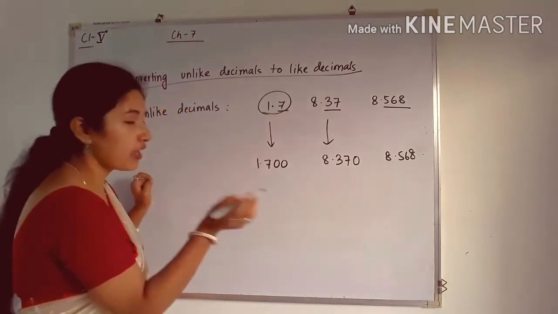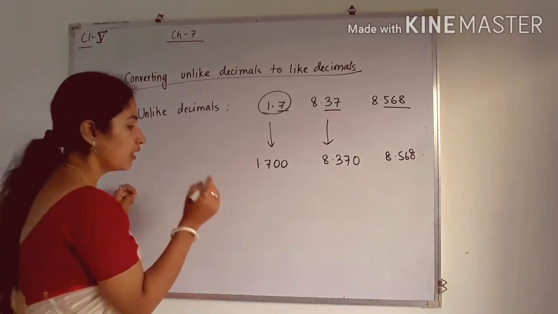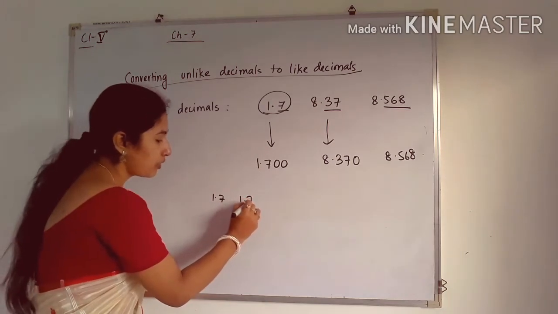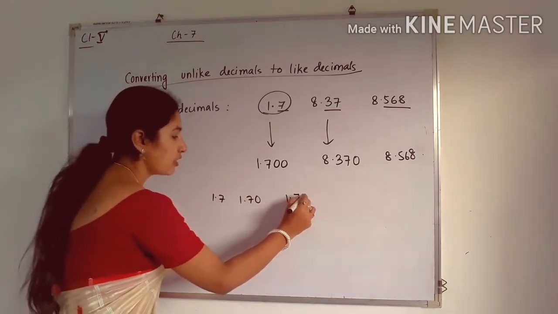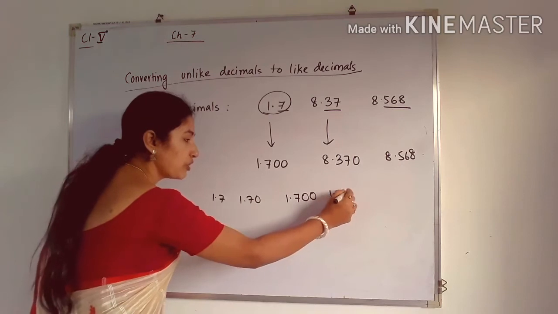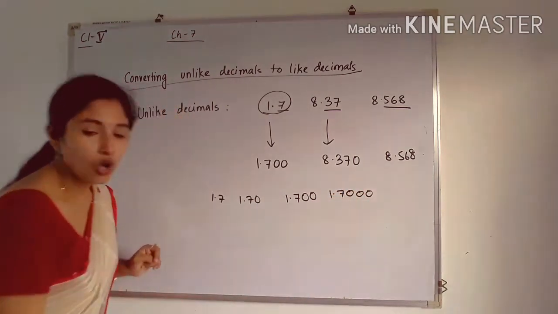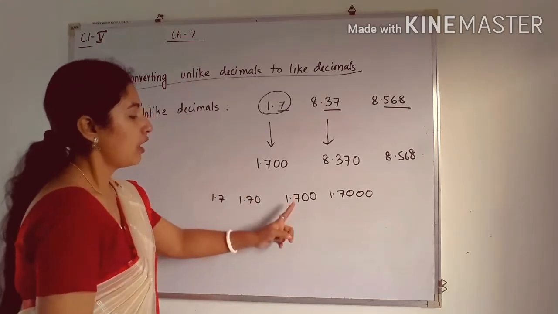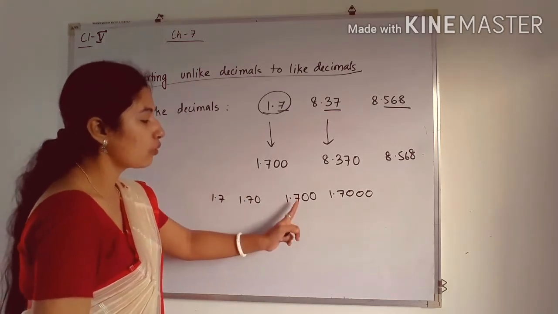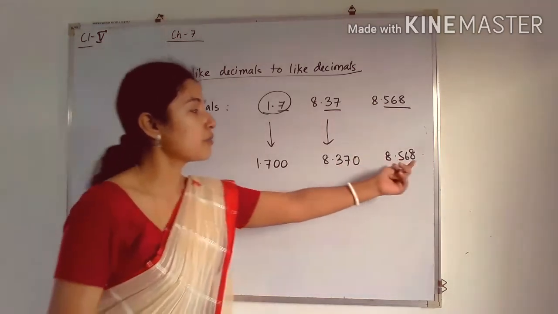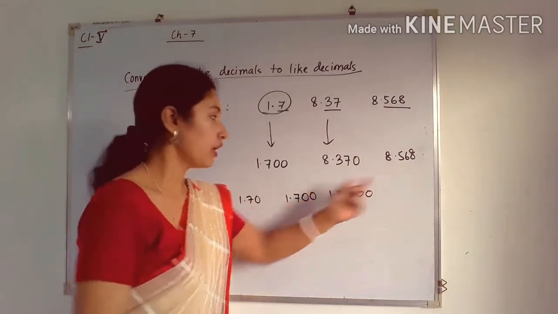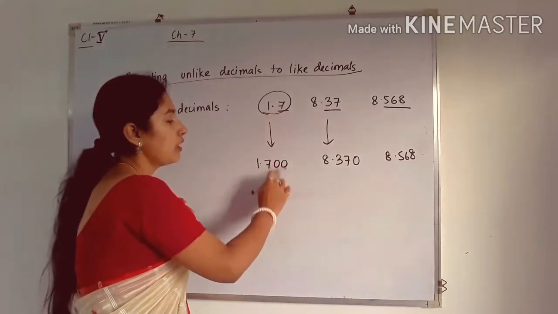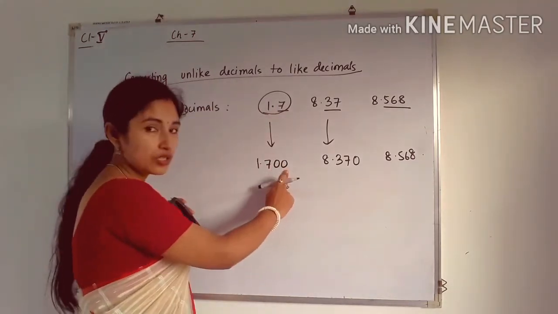Already in equivalent decimals we have seen in the picture that 1.7, or you can write 1.70, or 1.700, or 1.7000, all are equivalent decimals. But we need only 3 digits after the decimal point, as the highest number of digits here is 3. So here, in converting to an equivalent decimal, we have to put 2 more zeros.